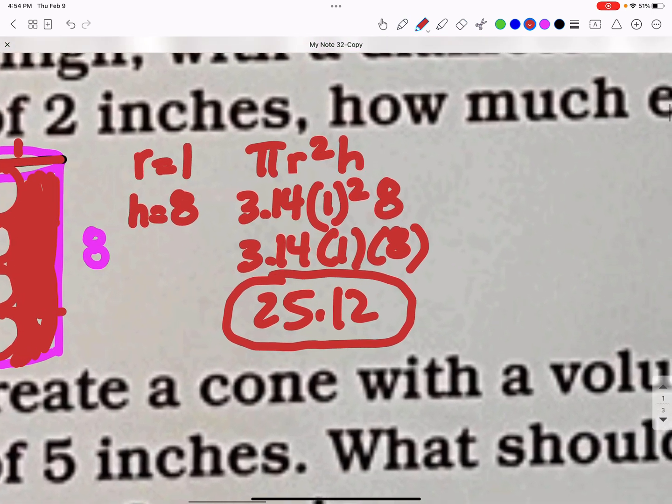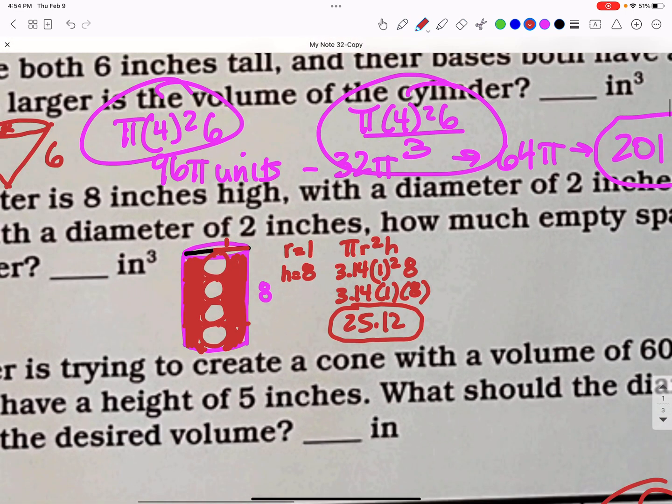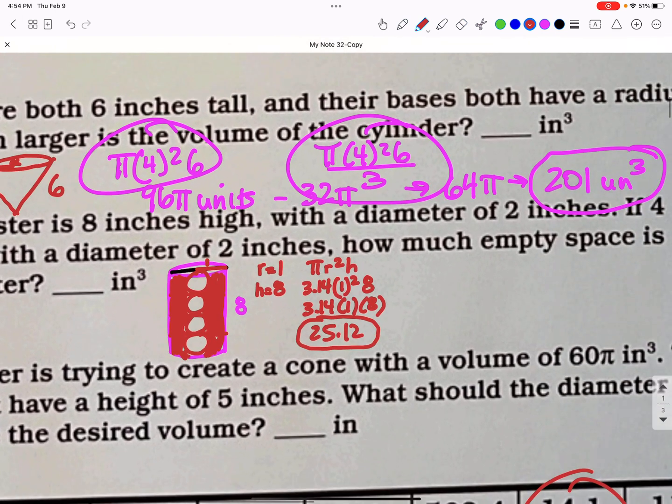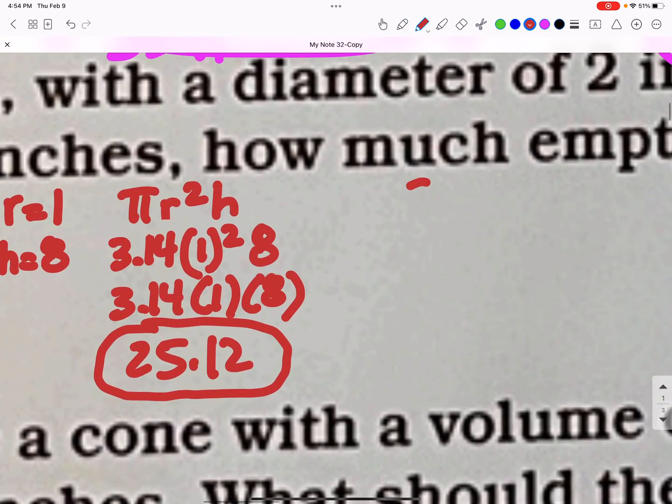Now, there are 4 balls in there, so we're going to subtract each one of the balls. A ball is a sphere. A ball with a diameter of 2 has a radius of 1.